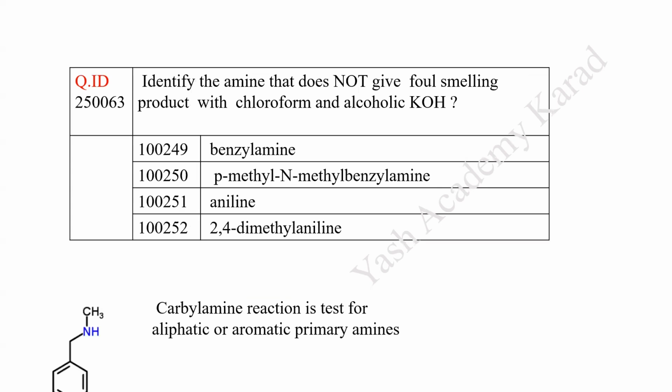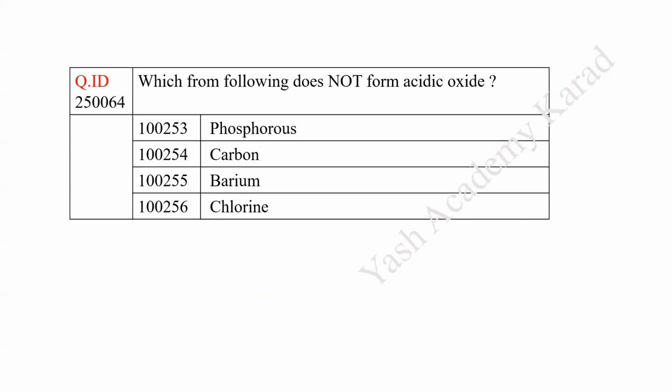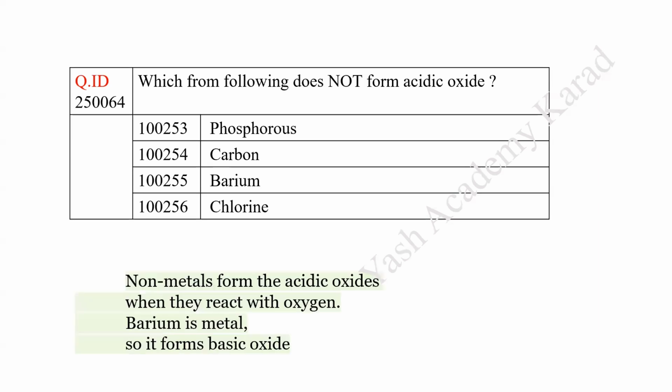So the correct option is paramethyl N-methyl benzyl amine. Which from the following does not form acidic oxide? Non-metals form acidic oxides when they react with oxygen. Barium is a metal, so it forms basic oxide. So the correct answer is a, barium.